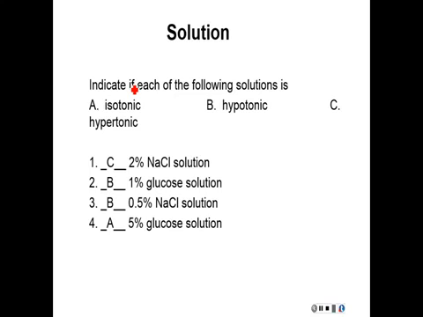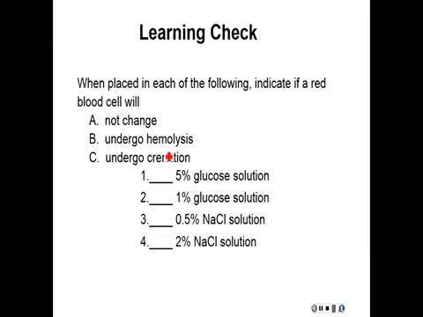So you notice isotonic, the only one is a 5% glucose solution, and for sodium chloride it's supposed to be 0.9% NaCl. So if you notice here, this solution is less than that. That's why it's hypotonic. And for the glucose is less than 5%. That's 1%. Sodium chloride is bigger than 0.9%. That's why it's hypertonic.